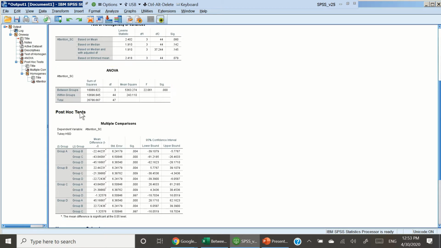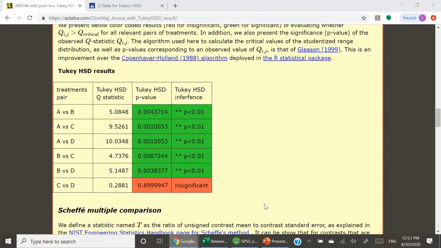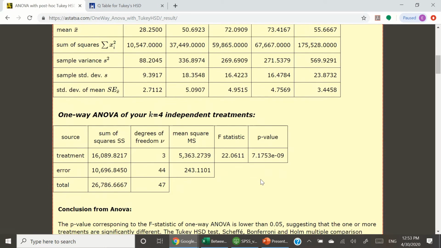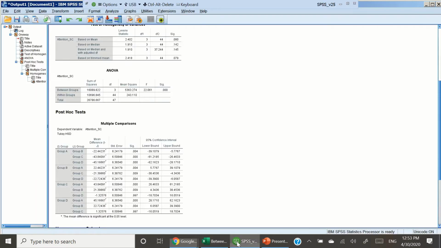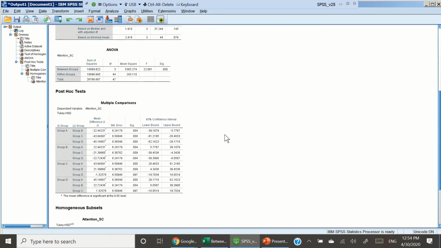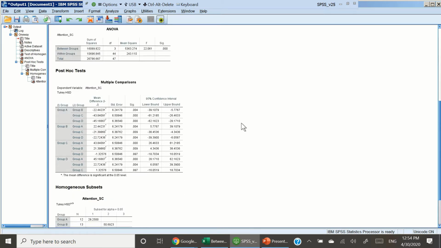You see the between groups degrees of freedom and within groups degrees of freedom. This is exactly the same as what you saw before. Here they call it error, and in SPSS they just call it within. So it's the same thing. Now let's go back to our statistics. All right, so we're good. You see that the significance results are exactly the same.